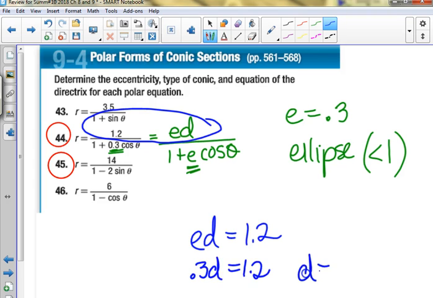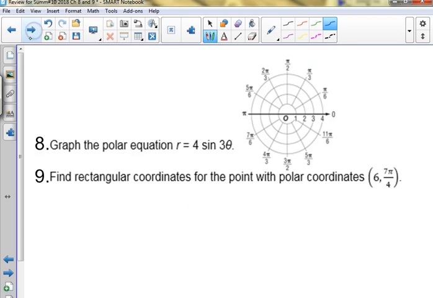So I divide and I get D is 4, straight up 4. Now, on the sheet it will tell you the directrix equation. It's cosine, so it's x equals, but it will tell you right on the sheet. And is it positive or negative D? Positive, because it was positive here. Remember, E and D always start out positive. The negative will come with the equation for the directrix.